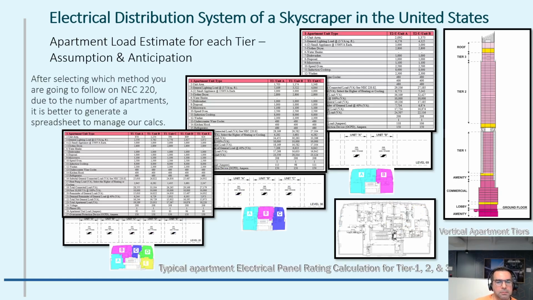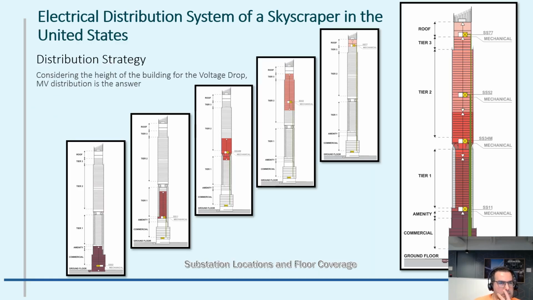I built it based on the square footage and all appliances in the kitchen and anywhere in the apartment. I built up the calculation for each unit. On some floors we have 2 units, some 3, and some other floors have 5 apartments. Once we did the calculation for apartments, we are going to have our distribution strategy.